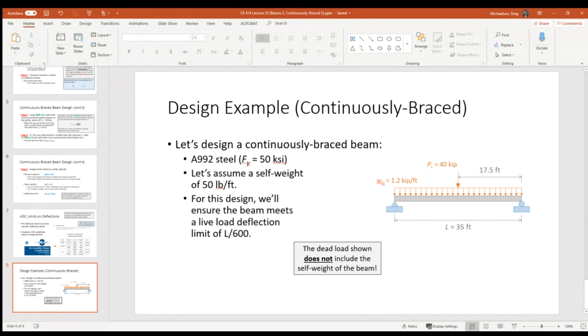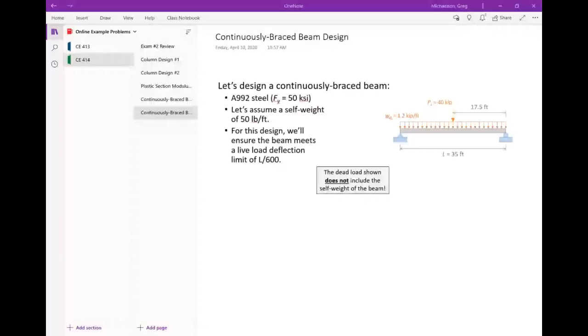Let me stop my share and bring up the screen. Okay, let me grab my notes real quick. I printed them off here just a second ago. Hold on.